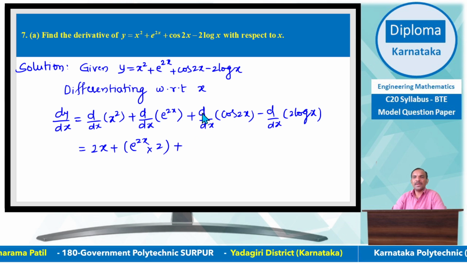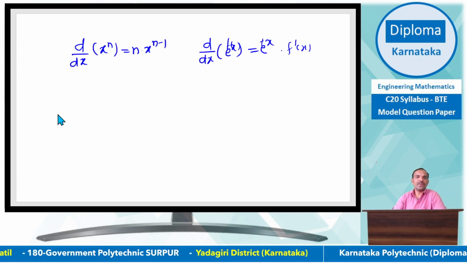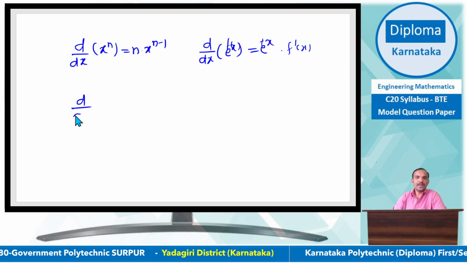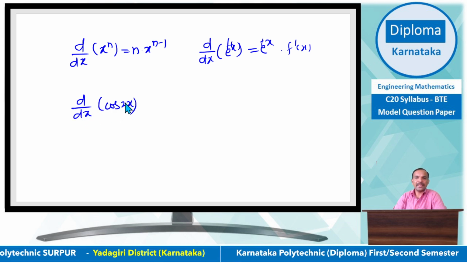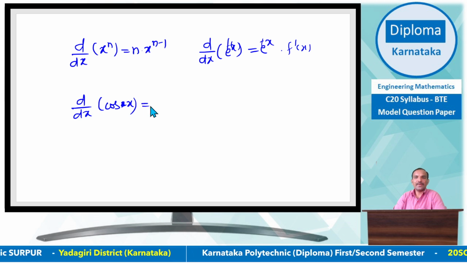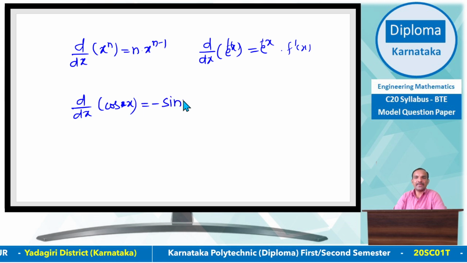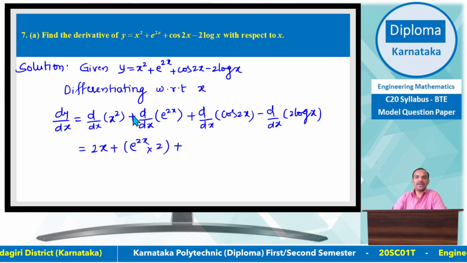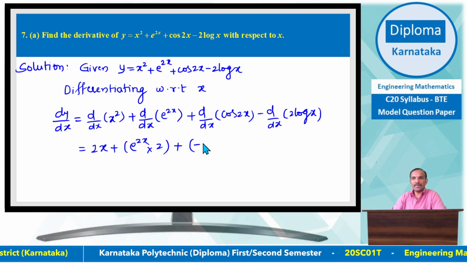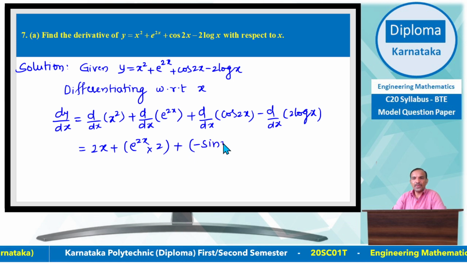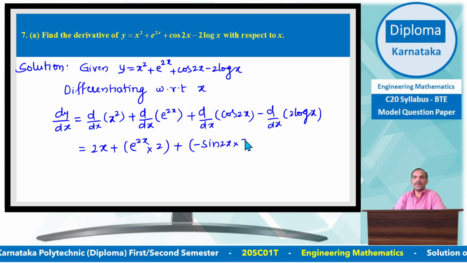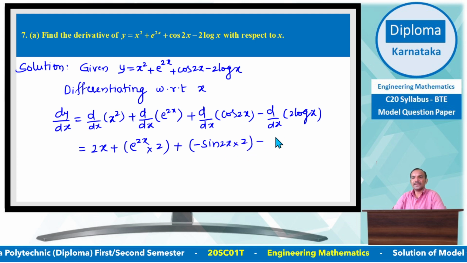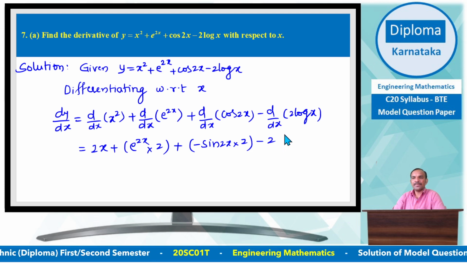Plus the third term, differentiation of cos 2x. For that we use the cos x formula, which is minus sin x. So the answer is minus sin 2x into 2 by chain rule, that is minus 2 sin 2x.